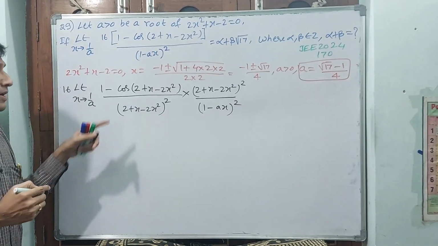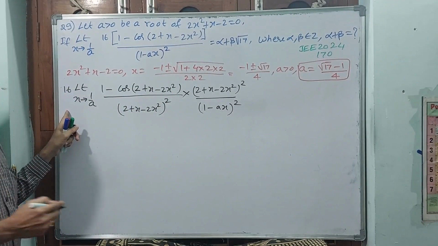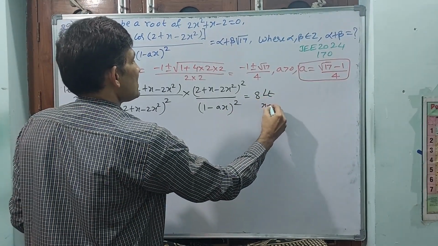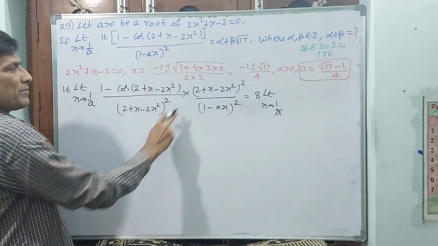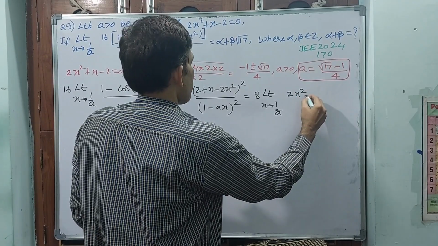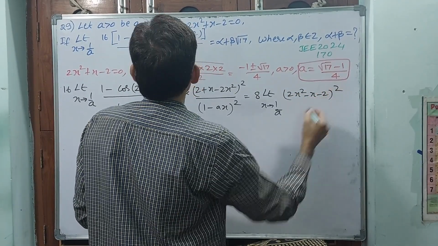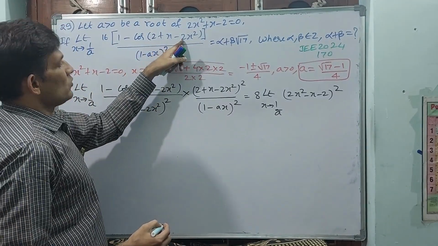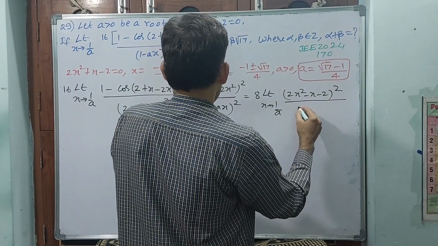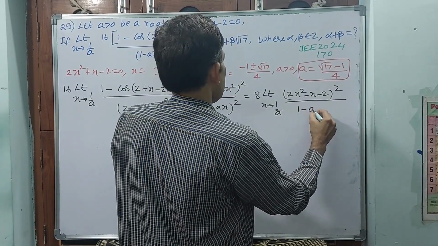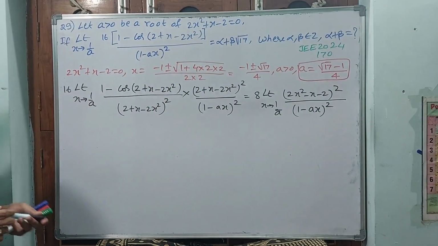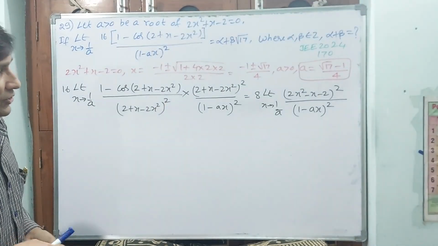That means 1/2 is going to come, so 16 by 2, that is 8, and the remaining: limit x tends to 1/a of (2x² − x − 2)², because anyway you are squaring, divided by (1 − ax)². Is it okay?